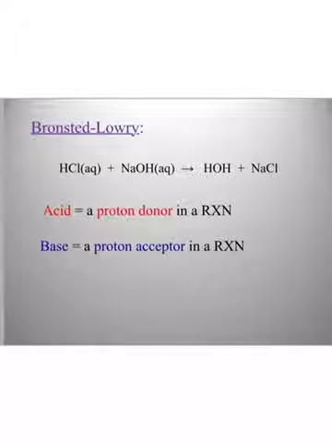Their definition, in my opinion, encompasses more bases to be identified, whereas Arrhenius's definition of a base basically says that it has to have a hydroxide ion in it. And there are some substances that act like bases and do not have that hydroxide ion in them.